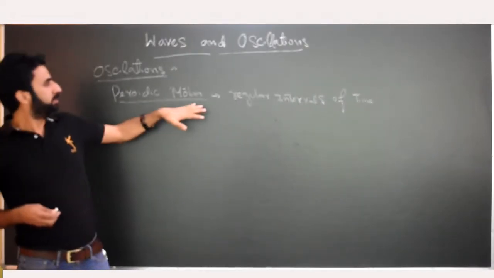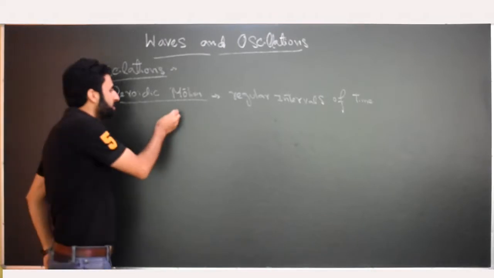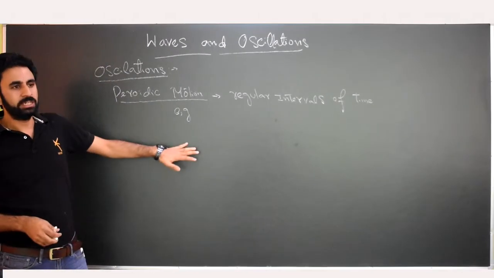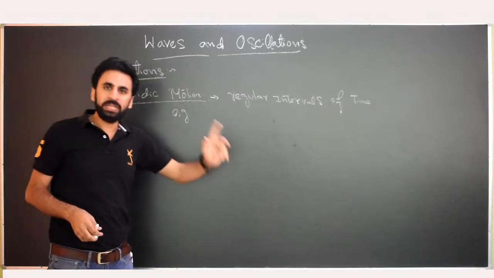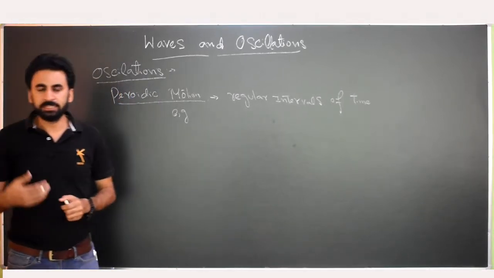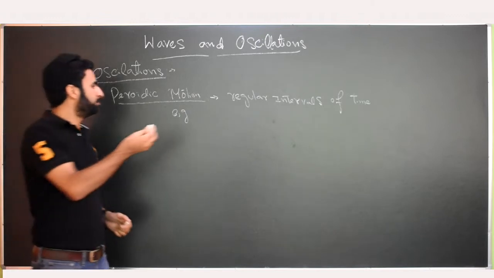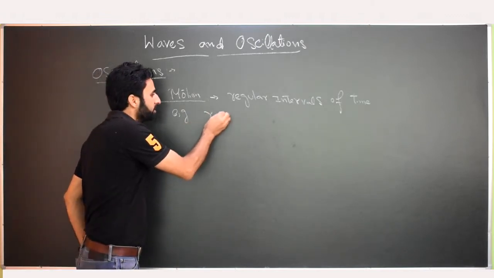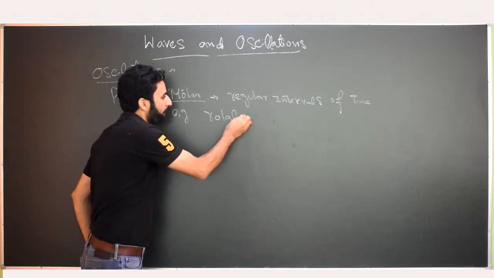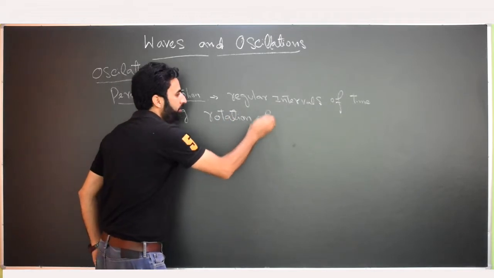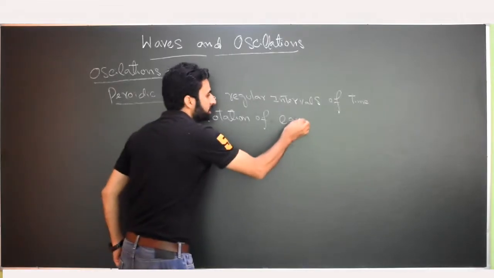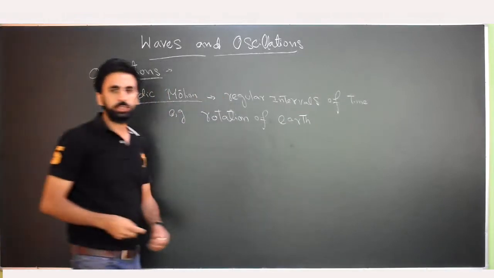Now to understand this, we can have certain examples. Any motion which repeats after regular intervals of time may be designated as a periodic motion. Let's take the example of the rotation of Earth. Earth is involved with two types of motion.